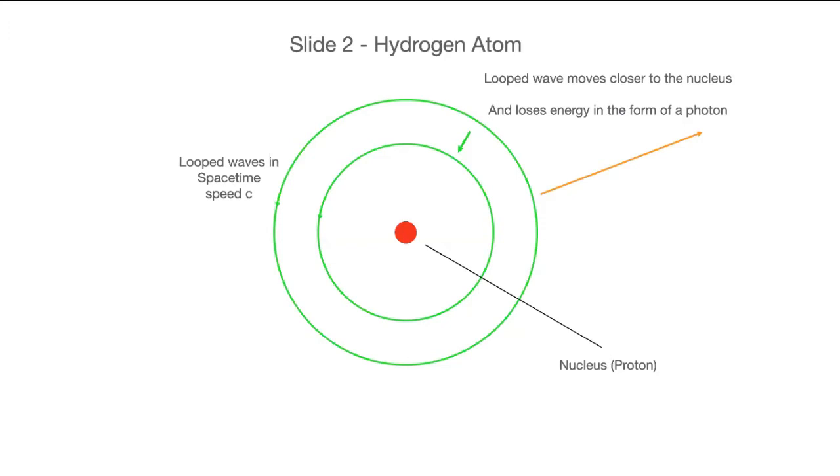One is that light is quantized because that's the way it's emitted. And secondly, it shows that the electron itself must be a looped wave in space-time. So being a looped wave in space-time, it has the ability to emit a non-looped wave, which is the light wave.